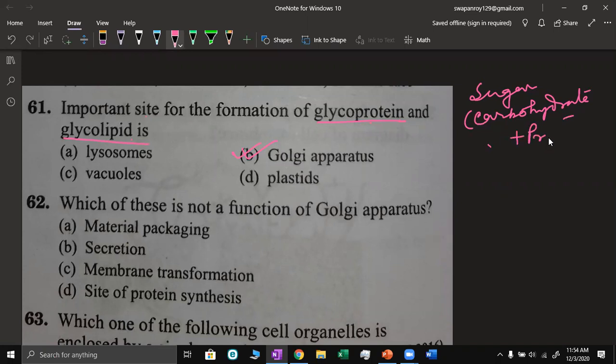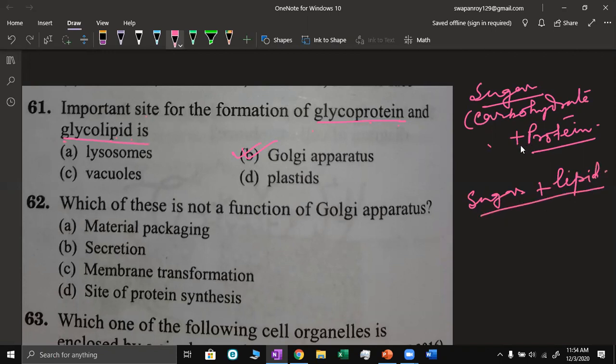So protein attached with some portion of sugar, that is the glycoprotein. And glycolipid is lipid plus sugar, sugar plus lipid. So that is these things.